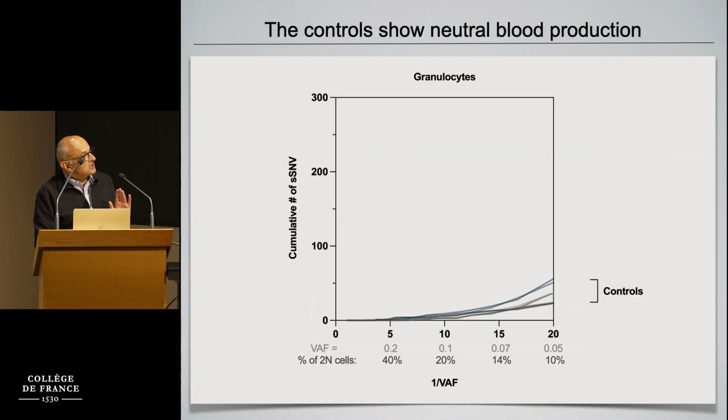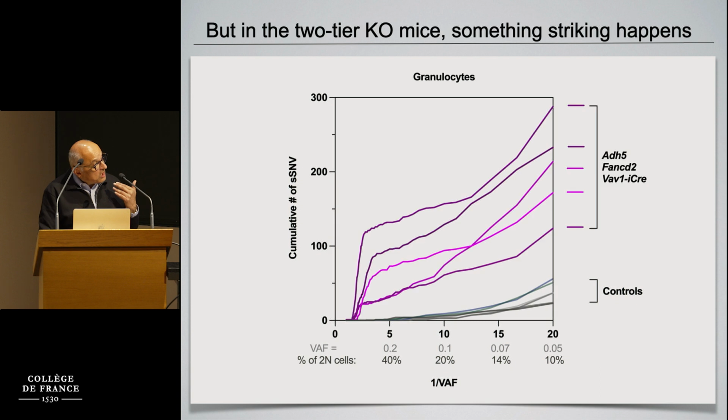So what does the data look like when you do this sort of analysis? What you can see is that the allelic controls show what I showed you before, a slow, gradual accumulation of somatic variants as a function of time, okay? Now, when we do our blood-specific knockouts, and these are a number of these mice that we've now analyzed, you see a striking profile, okay?